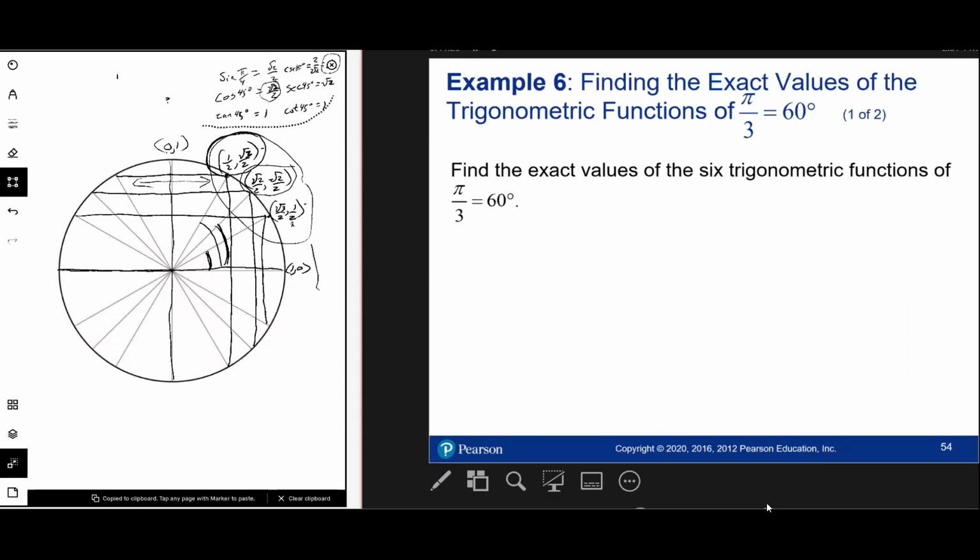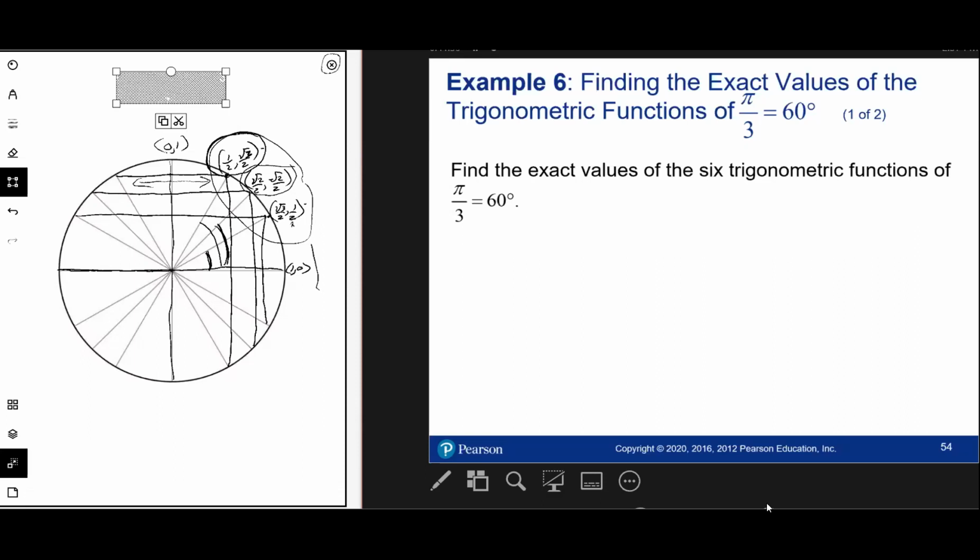So I'm going to get rid of this up here. All right. So 60 degrees is that point.